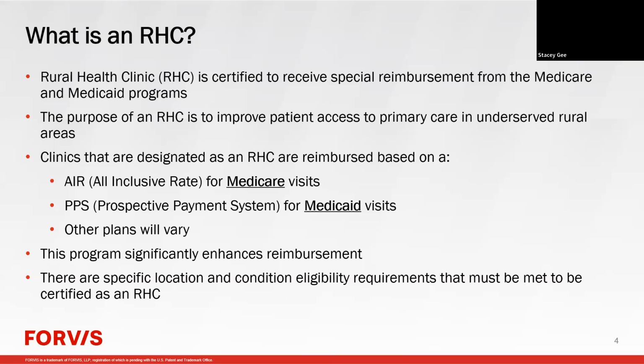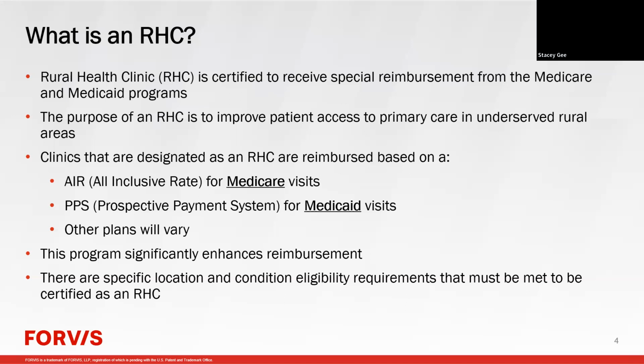Clinics that are designated as an RHC are reimbursed on a couple of different methodologies. One of them is the AIR, which is your all-inclusive rate. This is how you're paid for your Medicare encounters and visits. And then probably for some of your Medicaid, you're going to be paid on the PPS, which is the prospective payment system for Medicaid, and probably even some of your commercial payers.